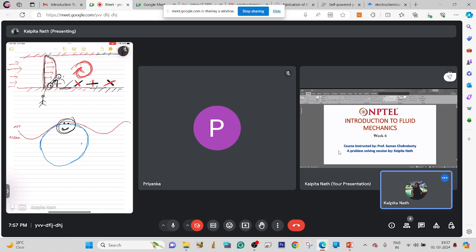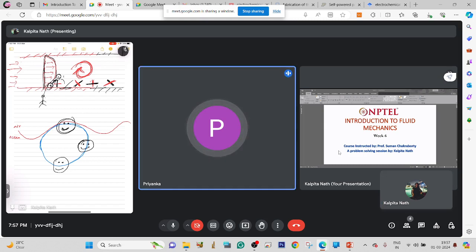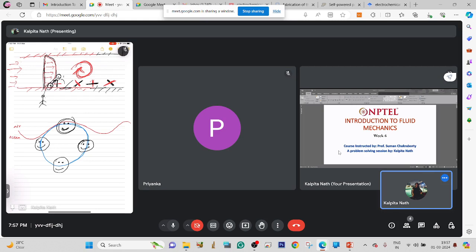If I consider here, it will be like this. Can you understand what is happening here? It is zero vorticity. Yeah, correct. Because though it is rotating in a circular motion, it is not rotating about its own axis. So vorticity is not present there. That means the vorticity function here is zero.